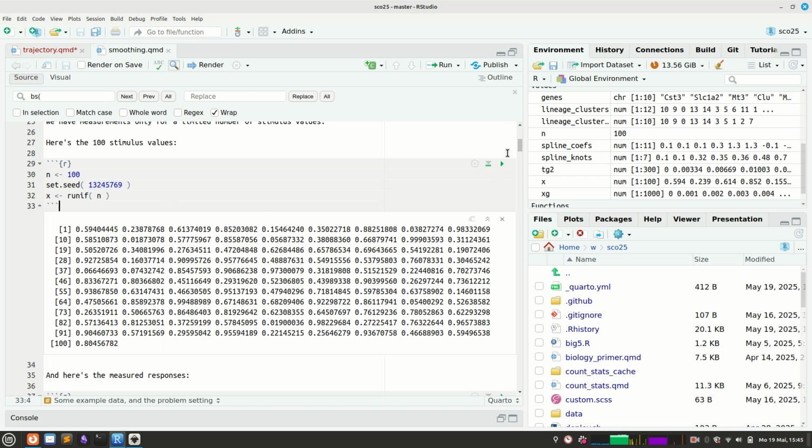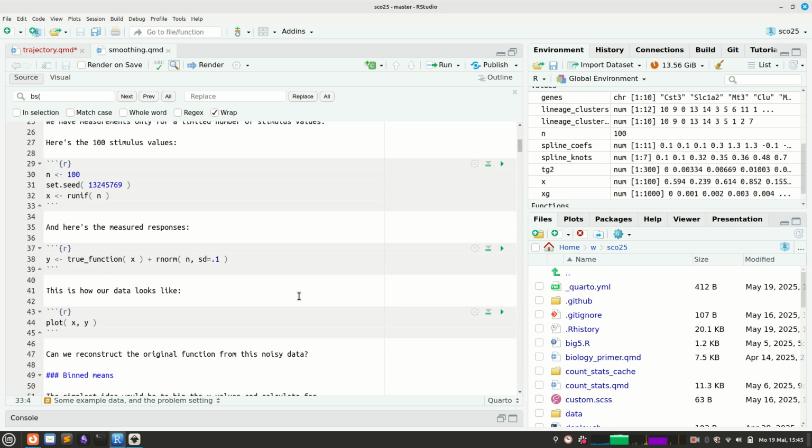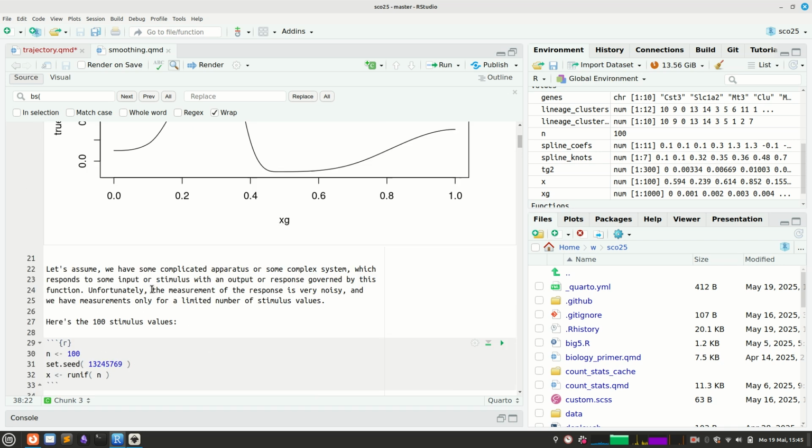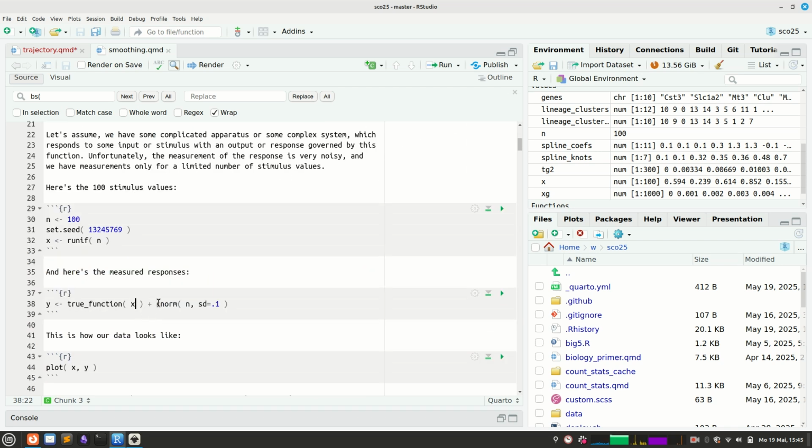Okay, so I guess you've learned about random seeds. This is my random seed. And now I get here my x values. And for each of these x values, I calculate the corresponding response by running it through this function here. And then I add a bit of noise to simulate the fact that my measurement doesn't give me the true value, but a deteriorated value due to measurement noise.